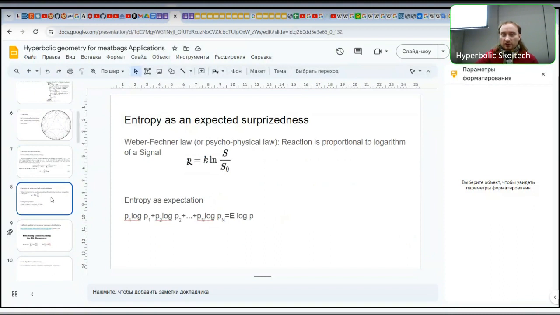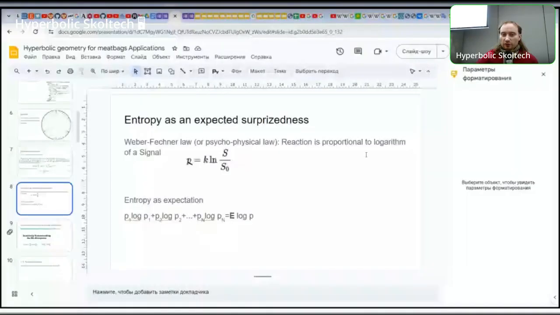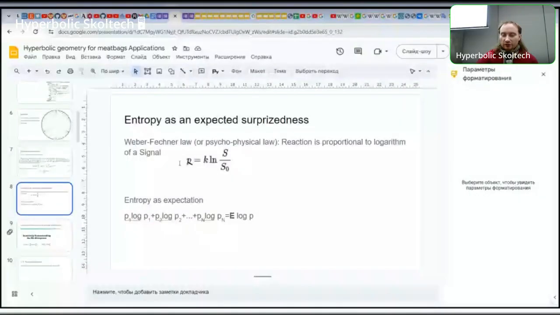Actually, in mathematical psychology, we know something like the Weber-Fechner law, or psychophysical law: reaction is always proportional to the logarithm of the signal incoming to us.